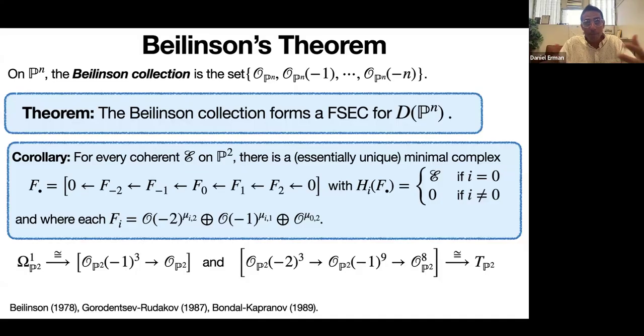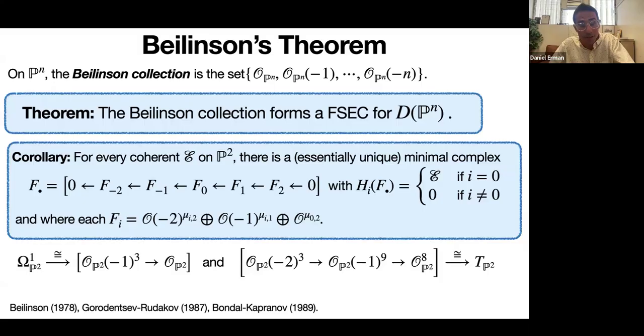From that representation, you can extract invariants, essentially like Betti numbers of O of minus 1 and O of minus 2 for any given sheaf. Those encode interesting geometric facts about your sheaf.